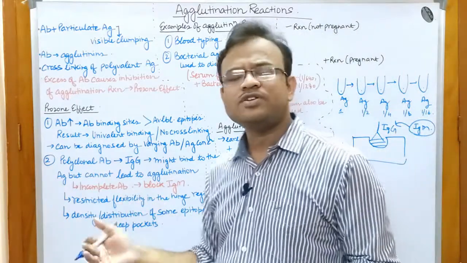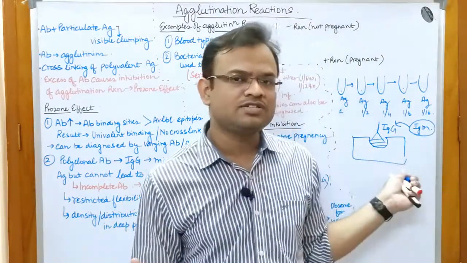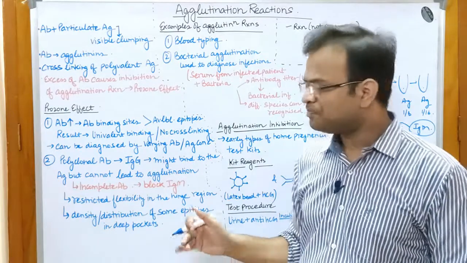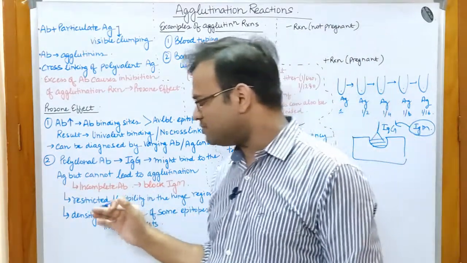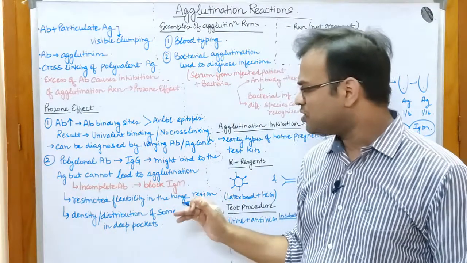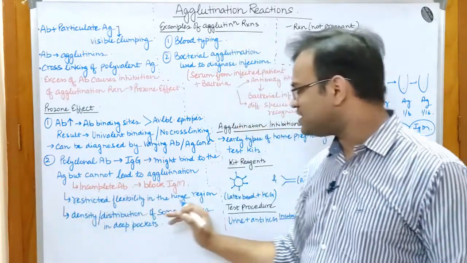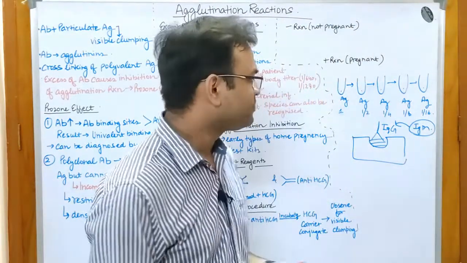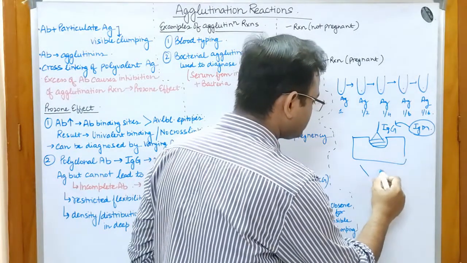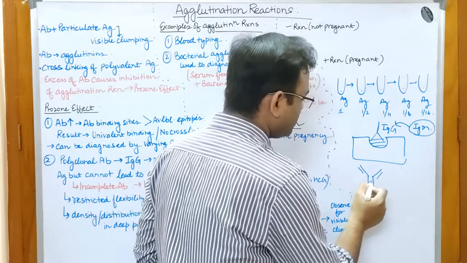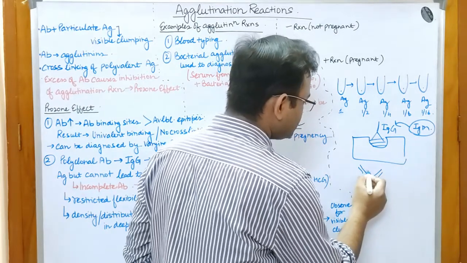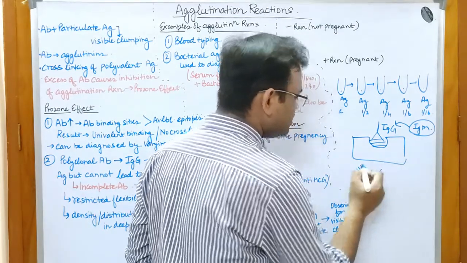Next, what is the reason that these IgG antibodies are not able to result in agglutination reactions? The reason can be that they have restricted flexibility in the hinge region. If you remember, this complete region is called the hinge region.